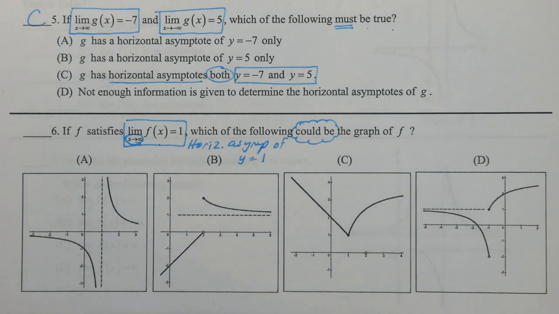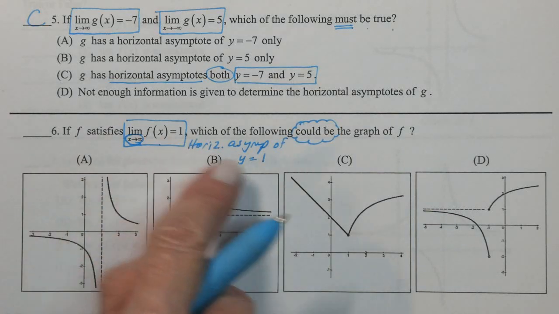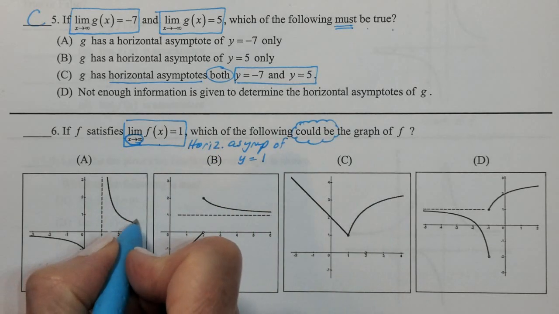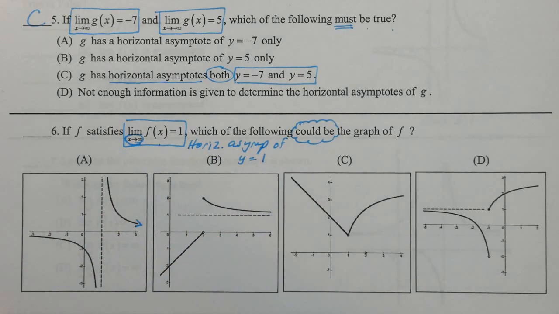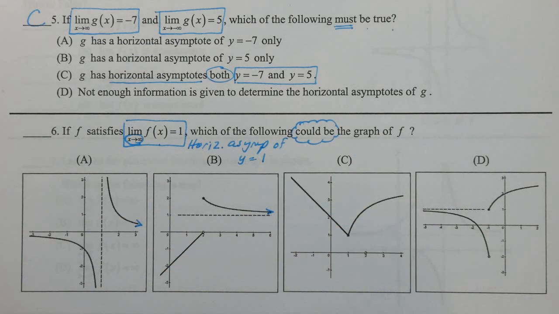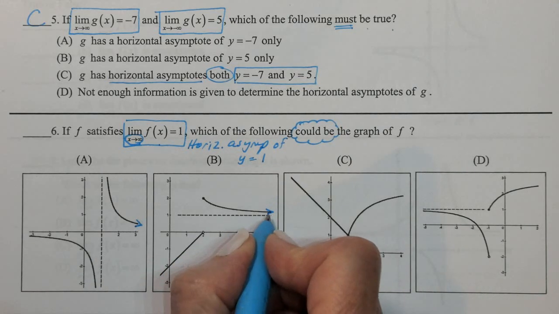And as x goes to positive infinity, we must have a horizontal asymptote of 1. So not this one. This one looks like it could be going to 0. This one looks like it is my answer, because as x goes to positive infinity, the y-coordinate is approaching 1.